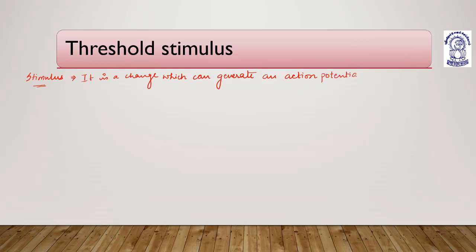Now, if we talk about threshold stimulus, it is a stimulus of minimum strength which is required for excitability of a nerve. Stimulus of minimum strength that can generate an action potential.